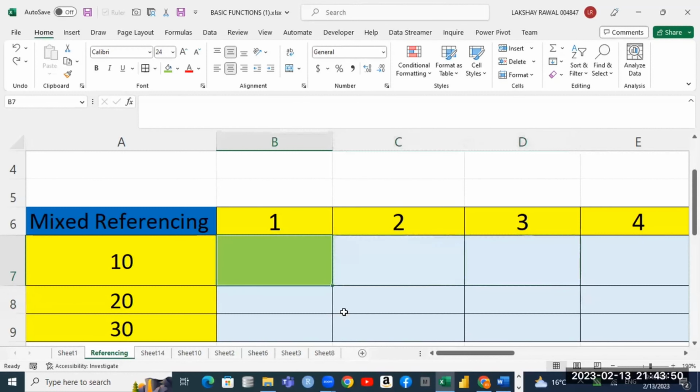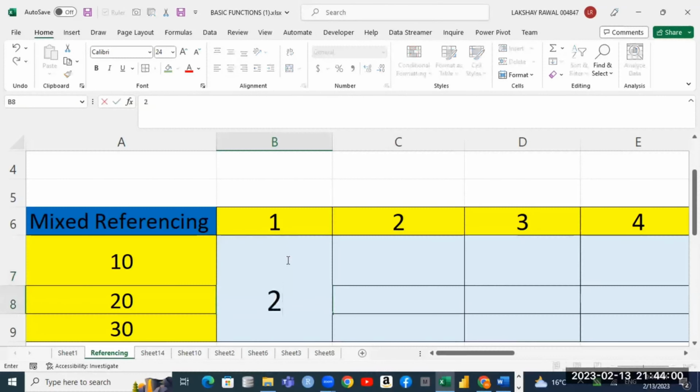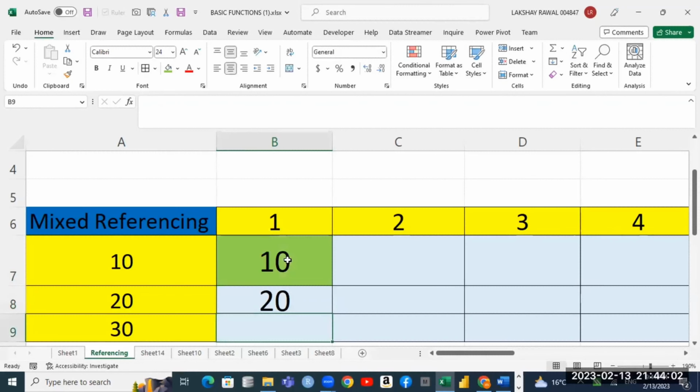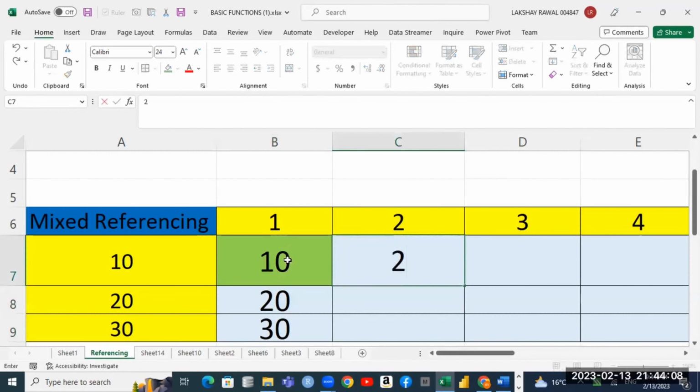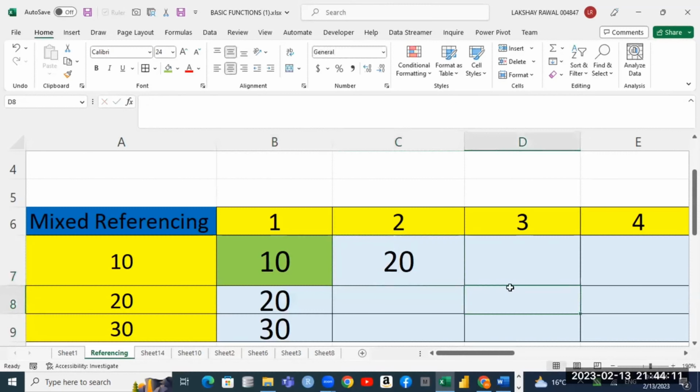We have to write the formula only once and it should show 10 here. What should show here? A table. Understood? So you have to tell me.